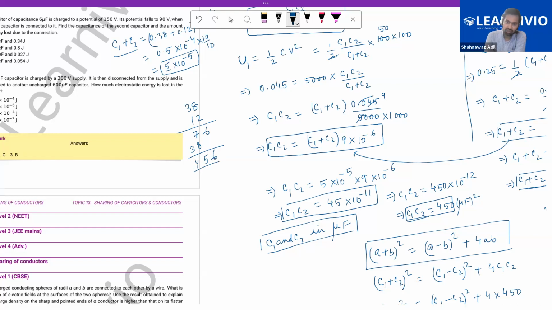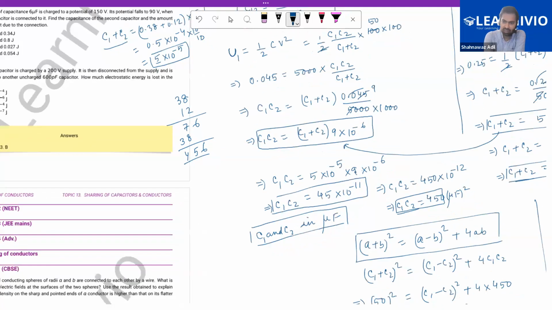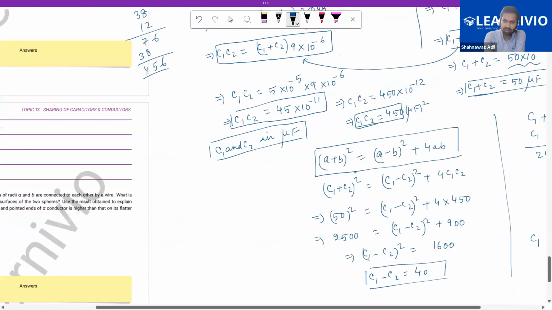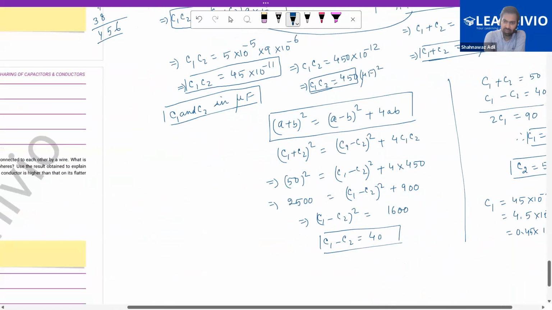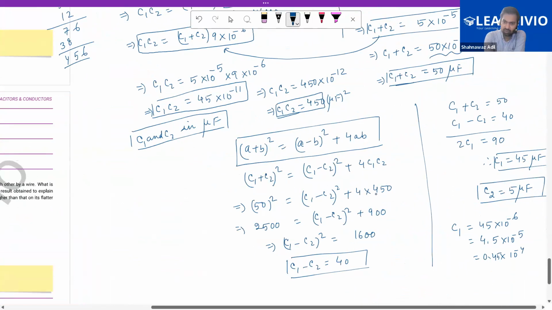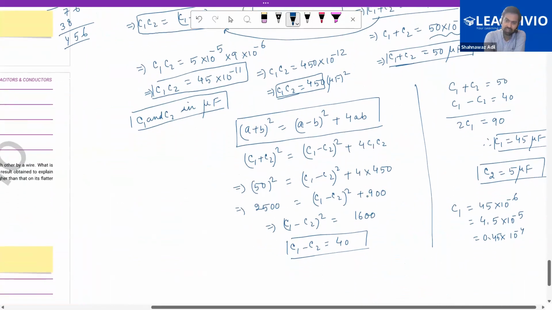Okay, so that is nearly 45. So yeah, then what is the problem? Okay, so this is correct. And then yeah, so 450 into, oh, this is yes.